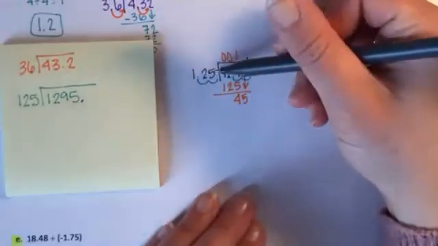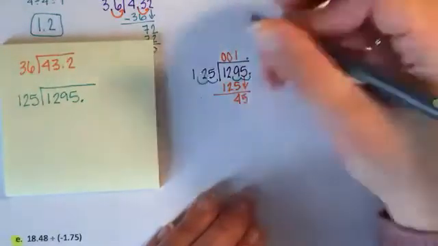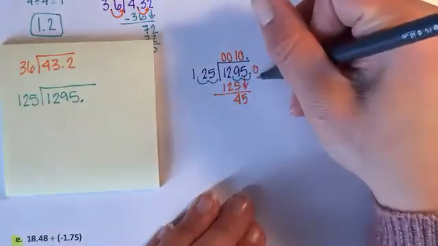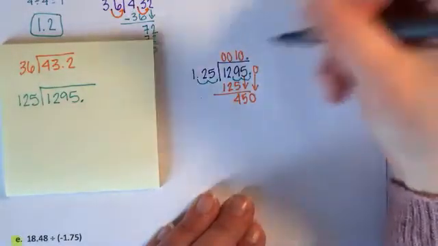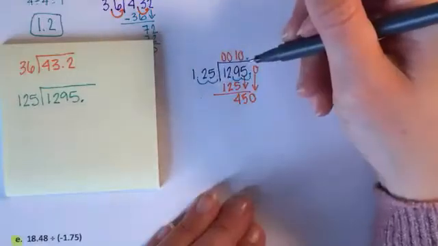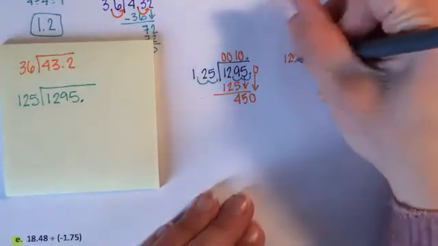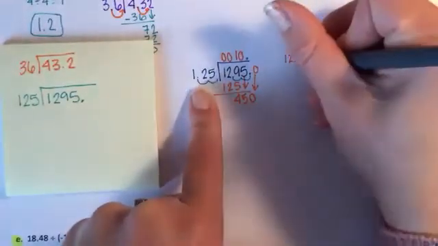Does 125 fit into 45? And the answer is no. So I put a 0 here. Once I get past that decimal, though, I can add another 0 and bring it down. How many times does 125 fit into 450? Well, this is where I'm going to guess and check. I'm going to guess 3 times.